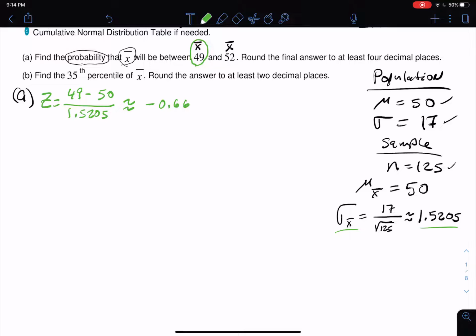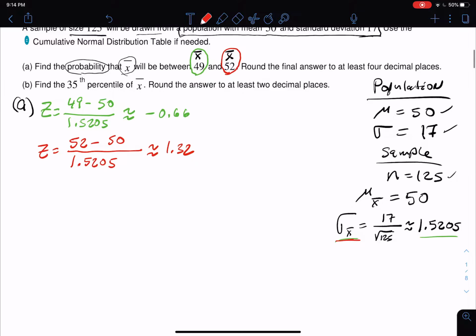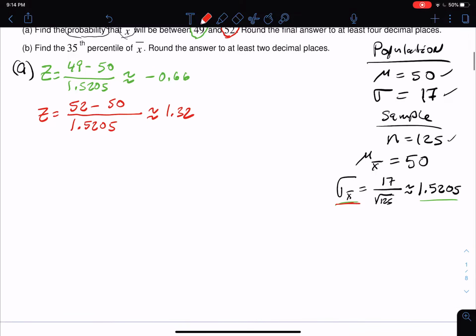And then I need to find my z-score for when the sample mean is 52. So sample mean of 52 minus my population 50, divided by the standard deviation of my sample means, 1.5205, gives me an answer of approximately positive 1.32.